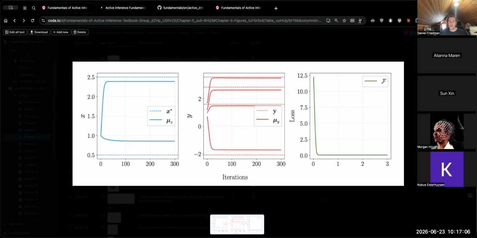And this is showing how, as a function of iterations, which is to say those gradient following iterations on the variational free energy landscape, those two estimates of latent states are getting updated, and then they hit stationarity pretty fast. And then there's four input channels.